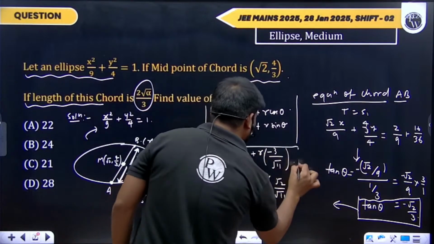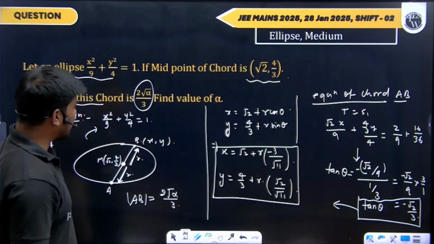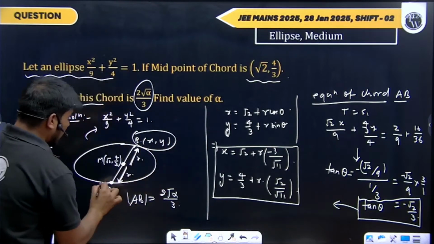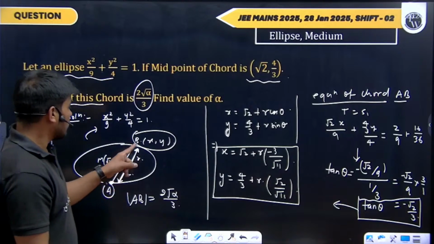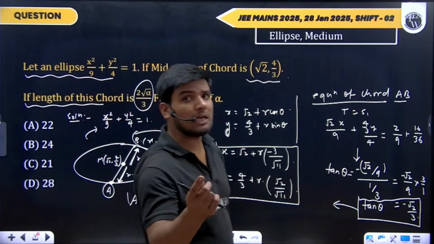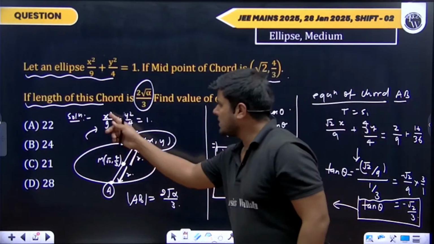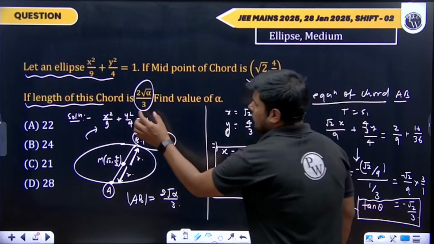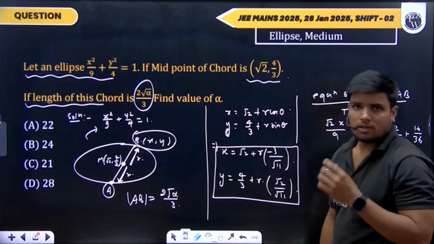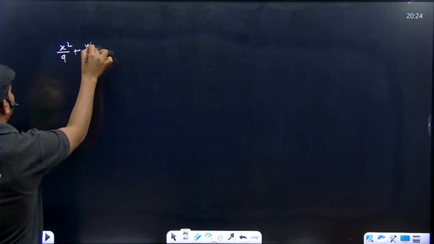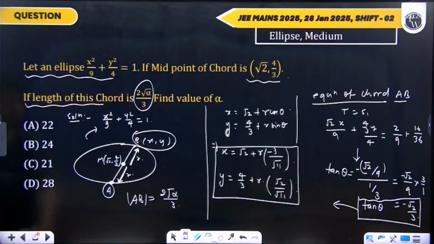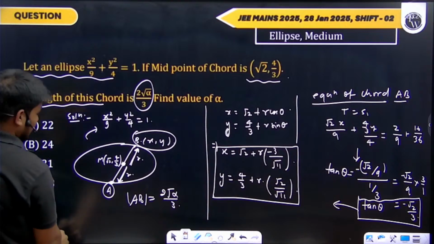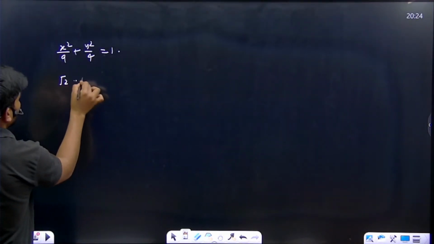Since these values of x and y satisfy either A or B or both, and these points A and B are also lying on the ellipse x square by 9 plus y square by 4 equals to 1, to find the value of r, we can put them in the equation of the ellipse.